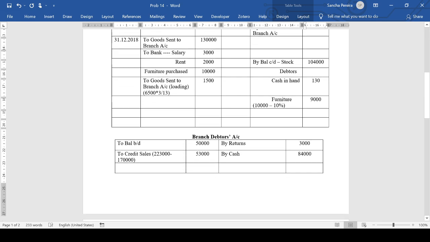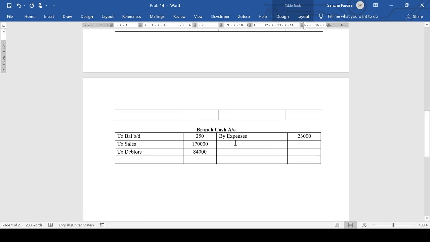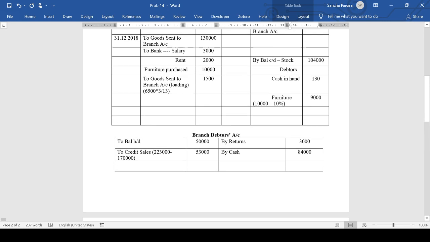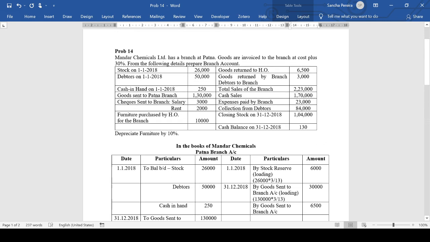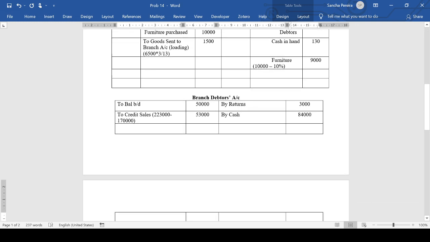Cash in hand closing balance will come in the cash account. By balance carried down 130. Okay, so I think we have posted everything. So let's just close this.